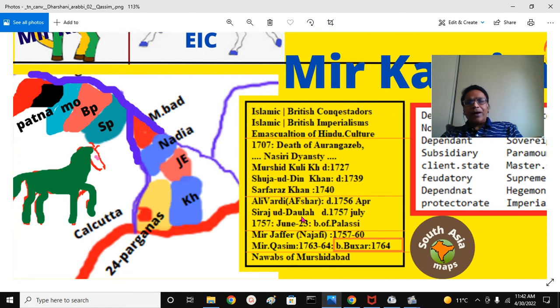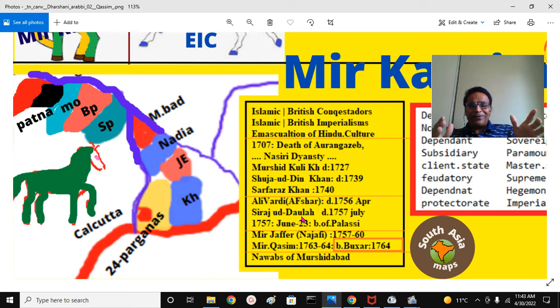After his death, he was succeeded by his grandson Sirajuddaulah, who picked a quarrel with East India Company Bahadur, the Calcutta Council, and was defeated and finally executed. And the British replaced him with Mir Jafar as a Dharshani horse. That horse was becoming very old, dysfunctional, disaffected, and it was not playing the trick.